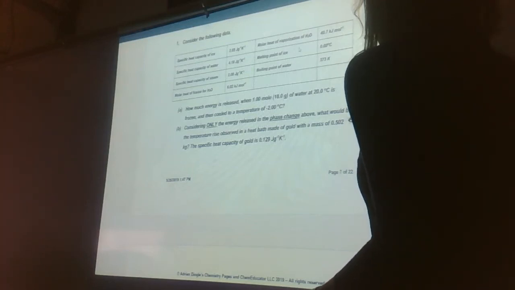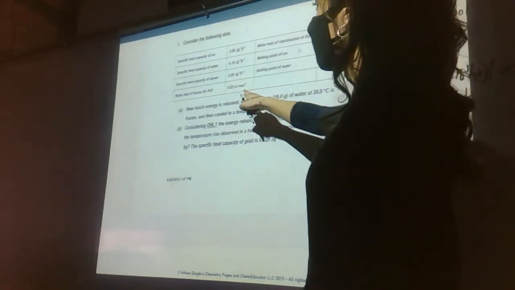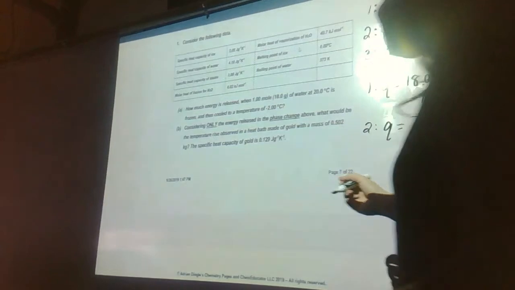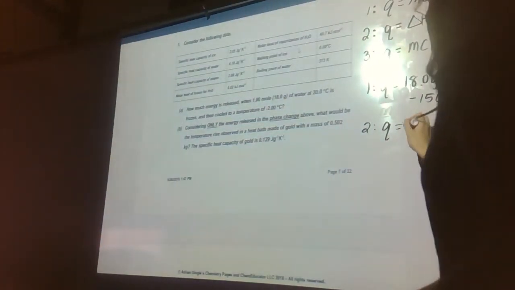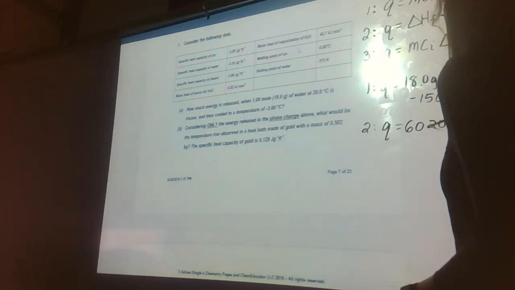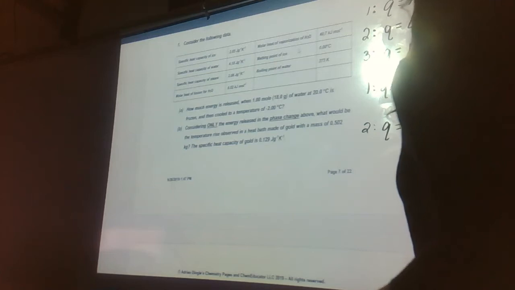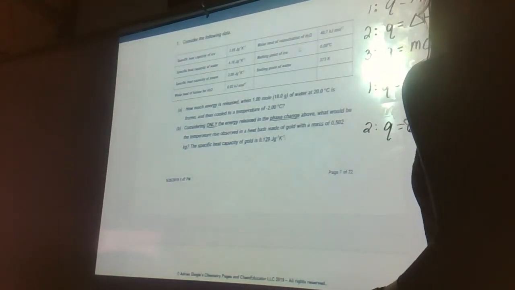Part 2, Q equals delta H of fusion, molar heat of fusion, is 6.02 kilojoules per mole, or 6,020 joules per mole, times 1 mole, gives me 6,020 joules.